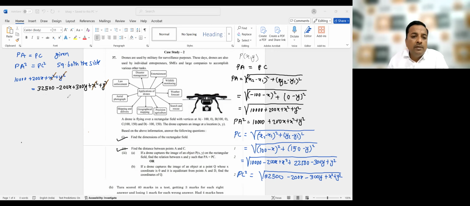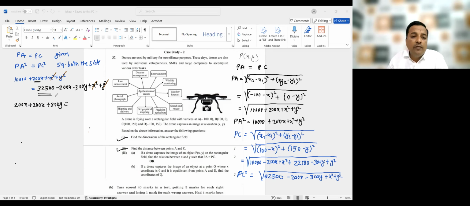Then we have minus 300y. So minus 200x and minus 300y, we shift to the other side. This side already has 200x, so 200x coming over becomes plus 200x plus 300y.